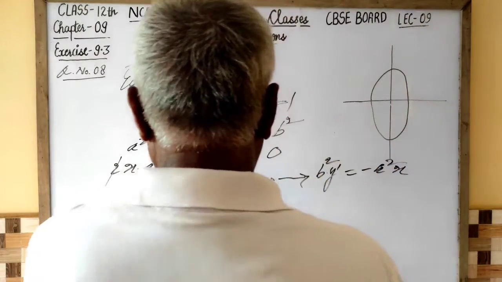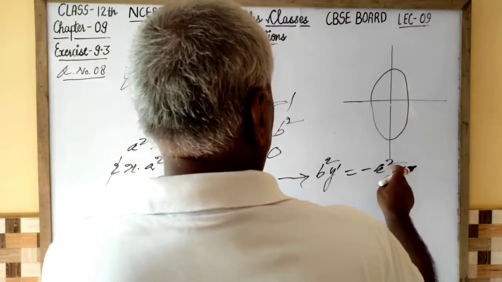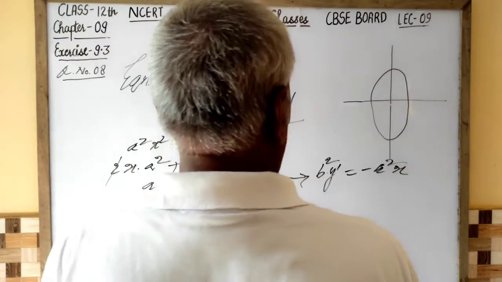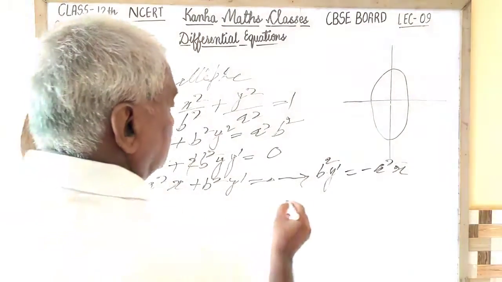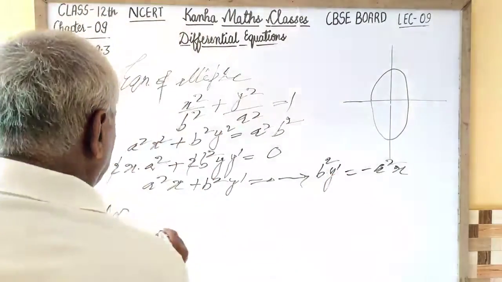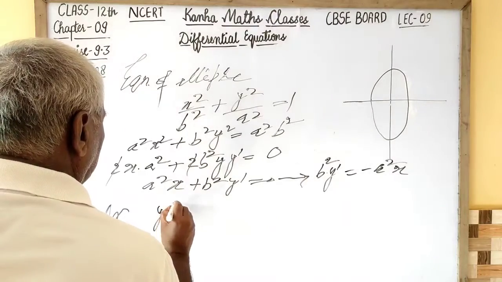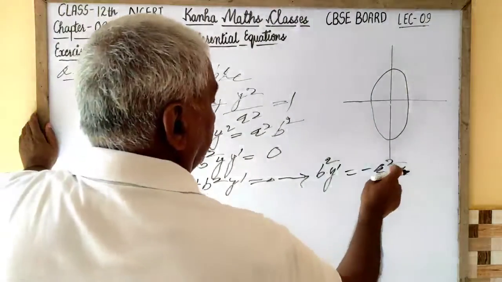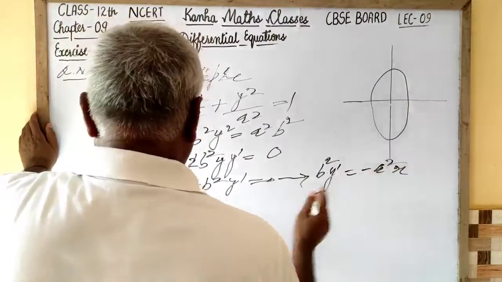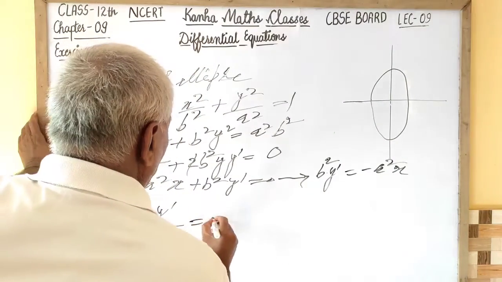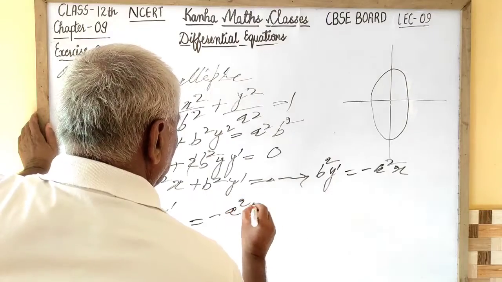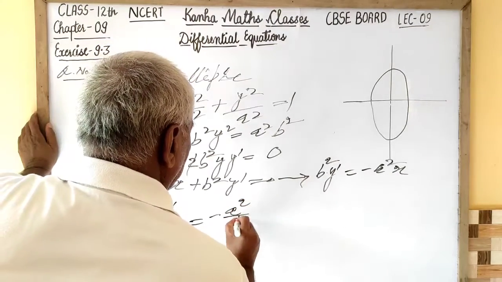So b square y dash is equal to minus a square x, or y dash upon x will be equal to minus a square upon b square.